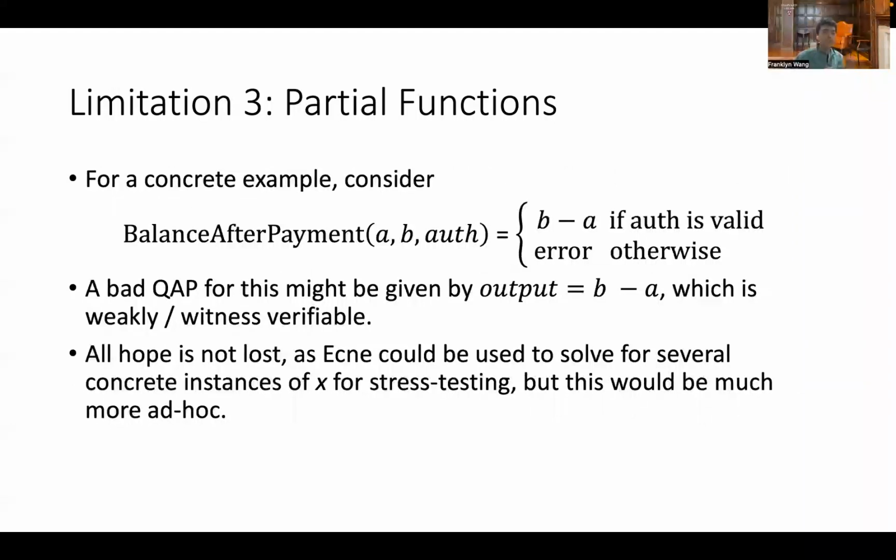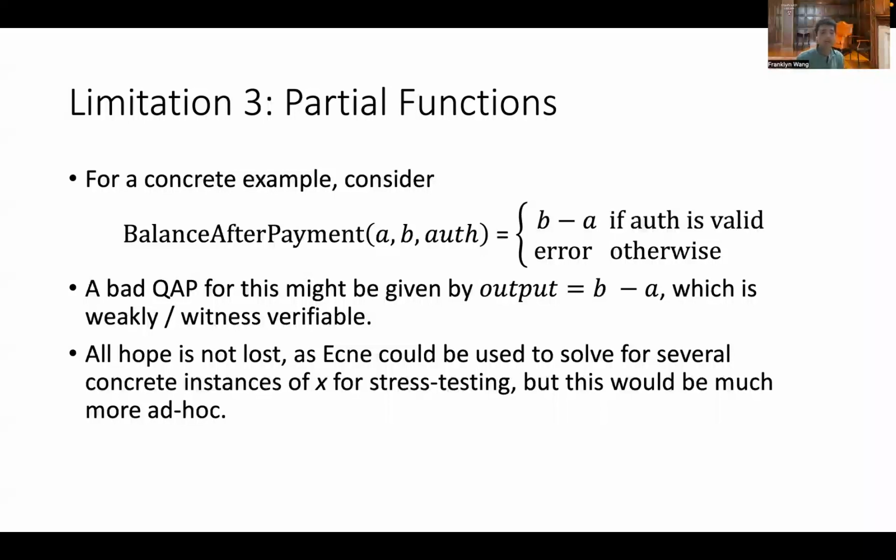To show that this is not just some obscure corner case, let's look at functions which actually look a lot like what we saw in Hermez and TornadoCash. Say that you have the function balance after payment, where A is the amount you pay, B is your initial balance, and auth is some authentication. This function returns B minus A if the authentication is valid and an error otherwise.